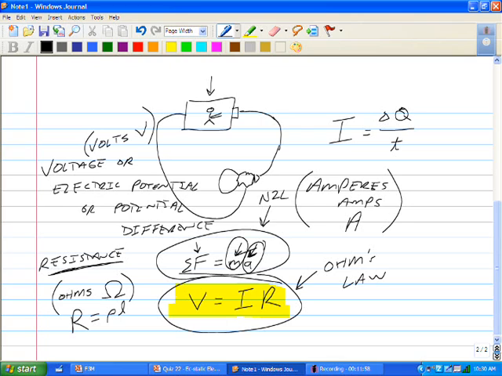Right. And so that's going to be what kind of relationship? Inverse. And that's the cross-sectional area. So this little side equation here is going to be important to us. We won't do calculations with it, but I want you to know it qualitatively.